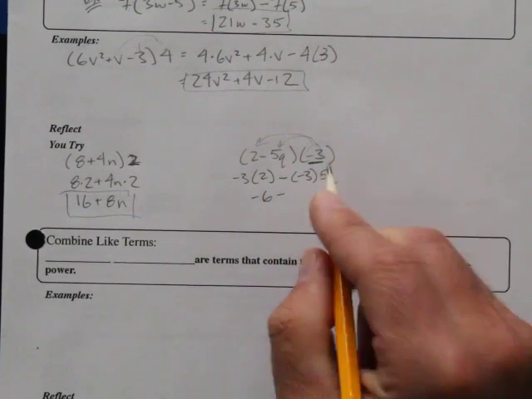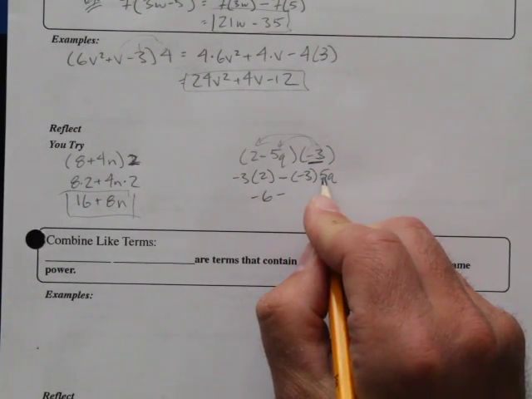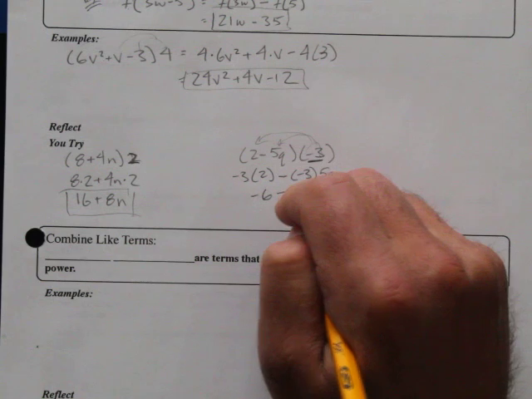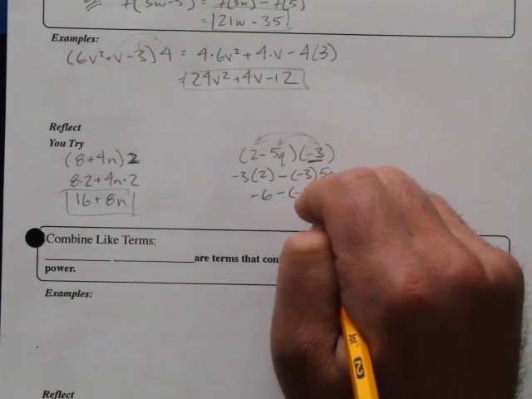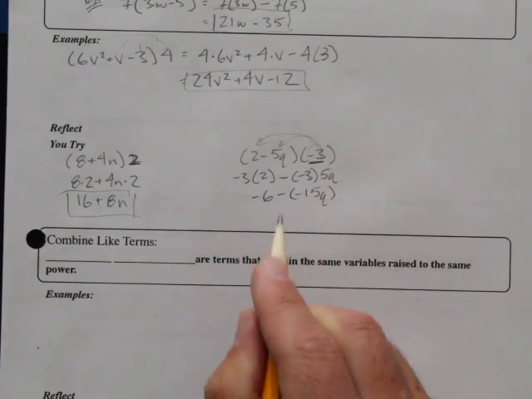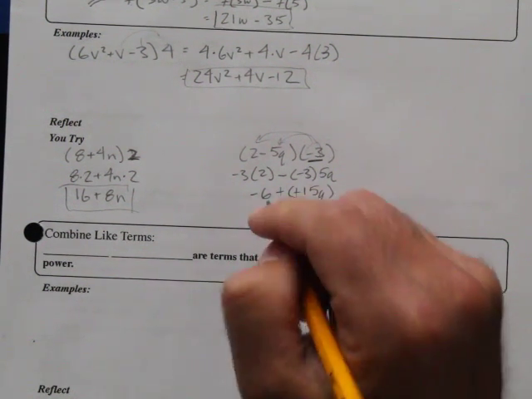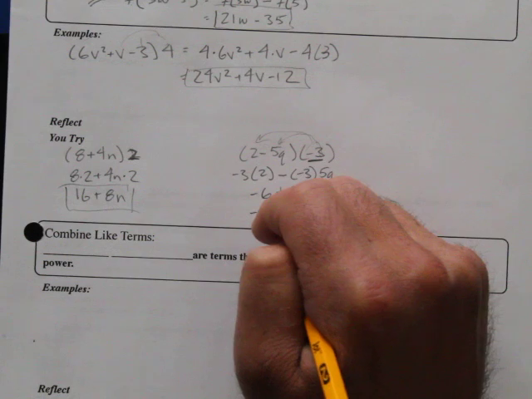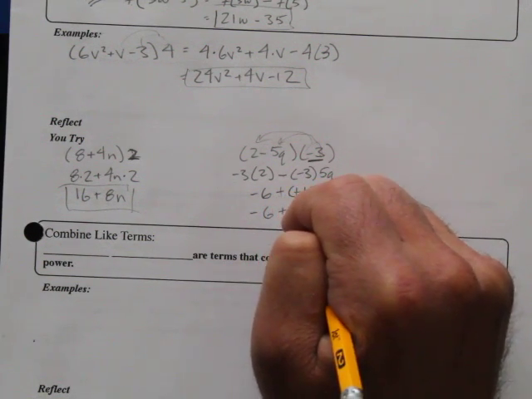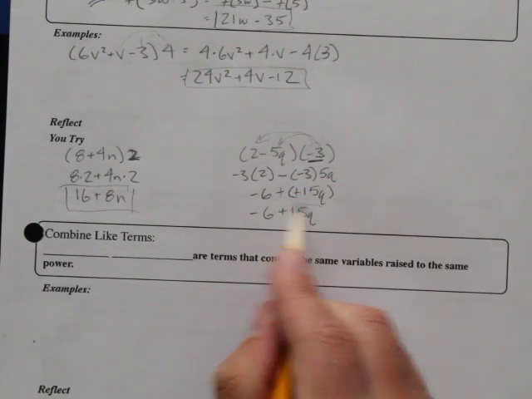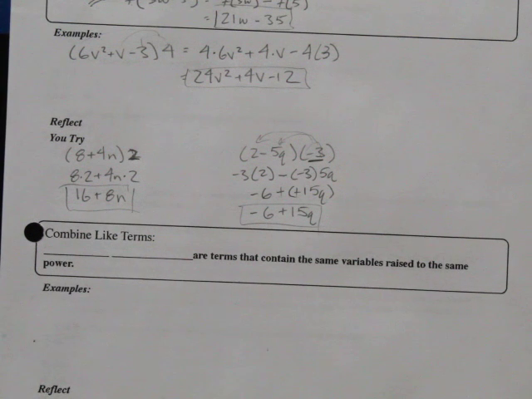So minus negative 3 times 5q is going to get me negative 15q. And now I see I've got a negative here and a negative here. Those become positive. So negative 6 plus 15q is my final answer there.